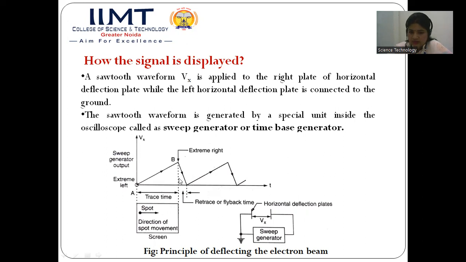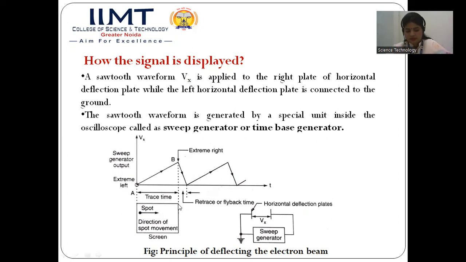The time during which it moves from the peak to the zero value is called the retrace or the flyback time. During this time the beam is blanked out, and the retrace is not observed on the screen. You will not get anything visible on the screen, and again the process will start.